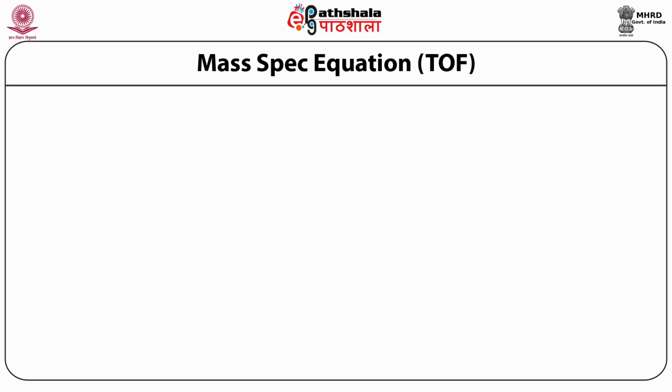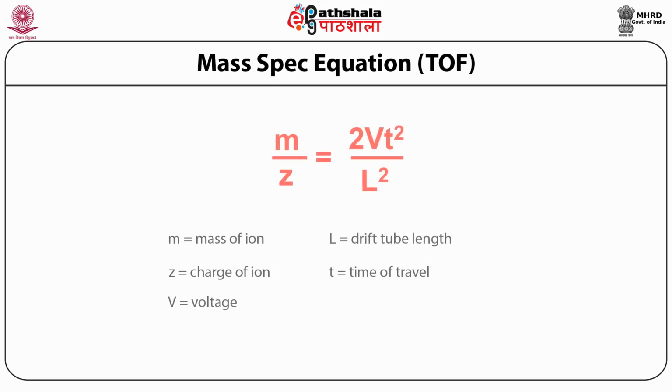The mass spectrometry equation for the time of flight mass analyzer: M/Z is equal to 2 times voltage multiplied by the square root of the time of travel, divided by the length of the drift tube.